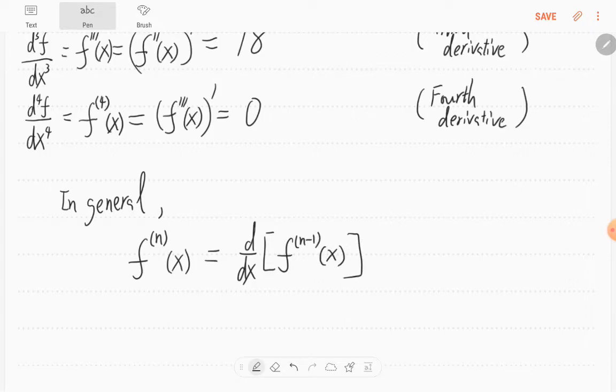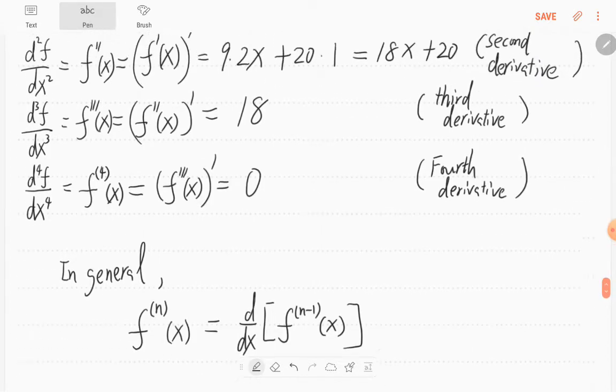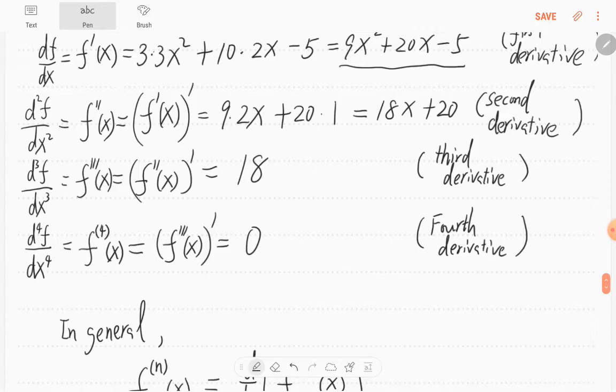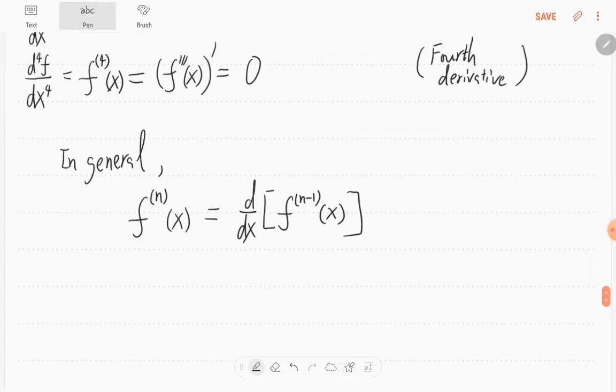Here the fourth derivative is the derivative of the third derivative, the third is the derivative of the second, the second is the derivative of the first, and so on. We can denote this one as d to the n f over dx to the n. So this is the nth derivative.